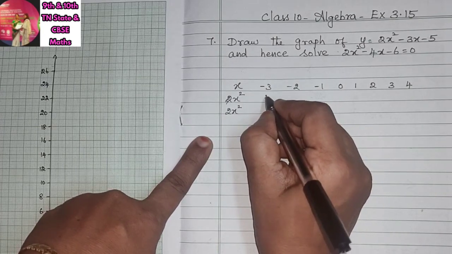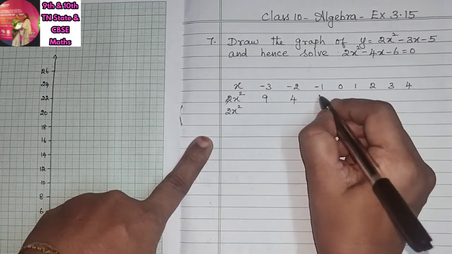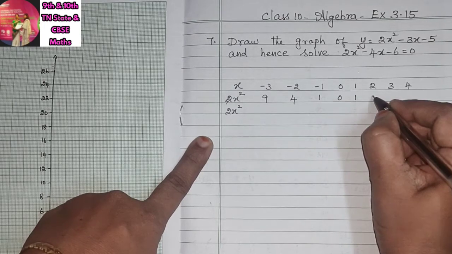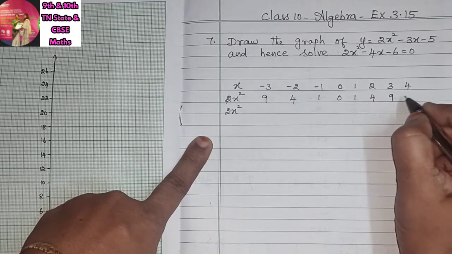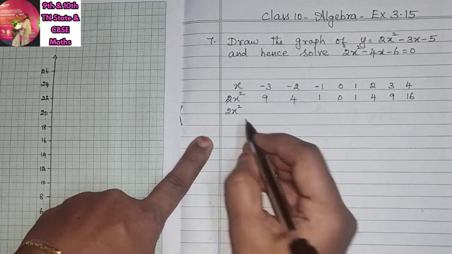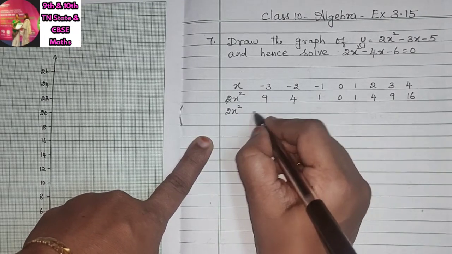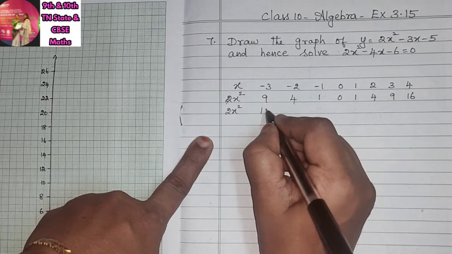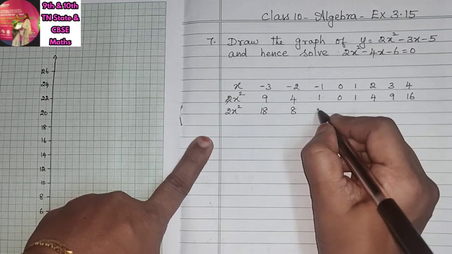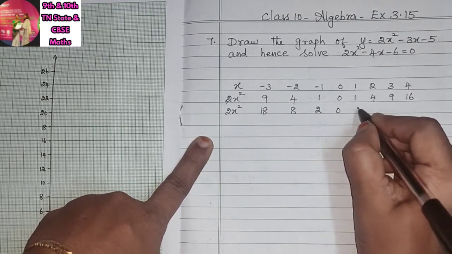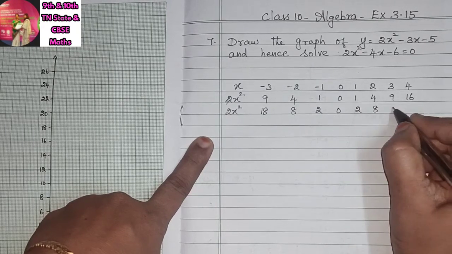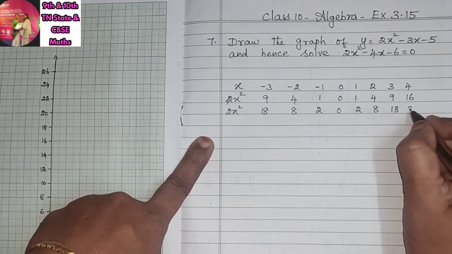So this will be 9, 4, 1, 0, 1, 4, 9, 16. This is x², with this 2 has to be multiplied, so we'll get 2x²: 18, 8, 2, 0, 2, 8, 18, 32.